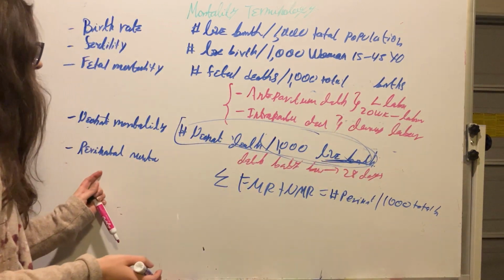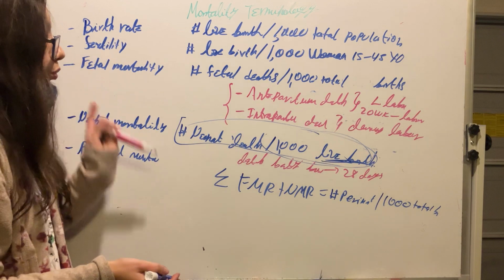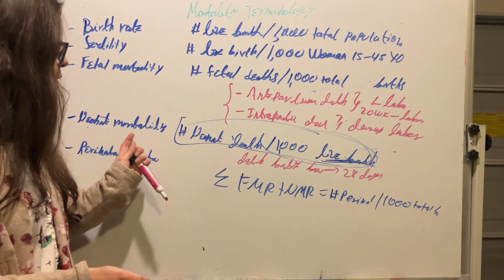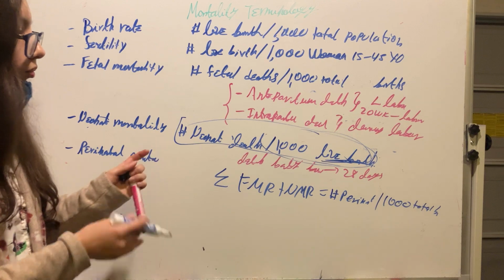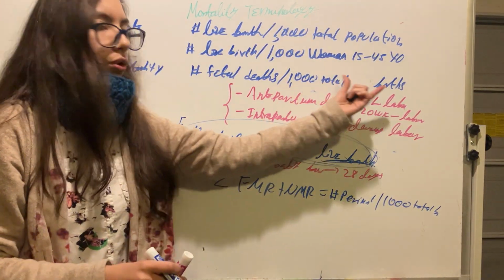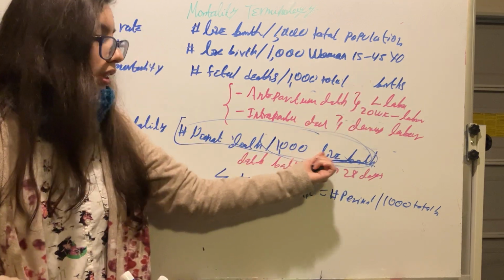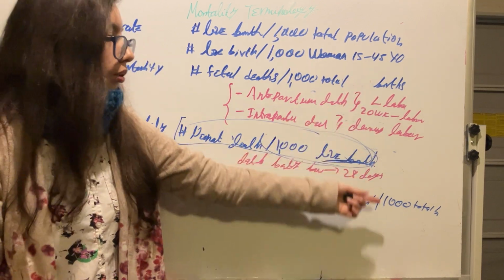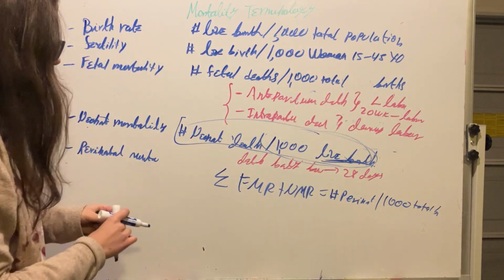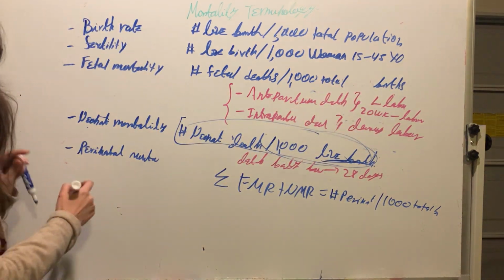So in this summation, which is the perinatal mortality rate, fetal mortality rate plus neonatal mortality rate, we have total births, because here the denominator is total births.